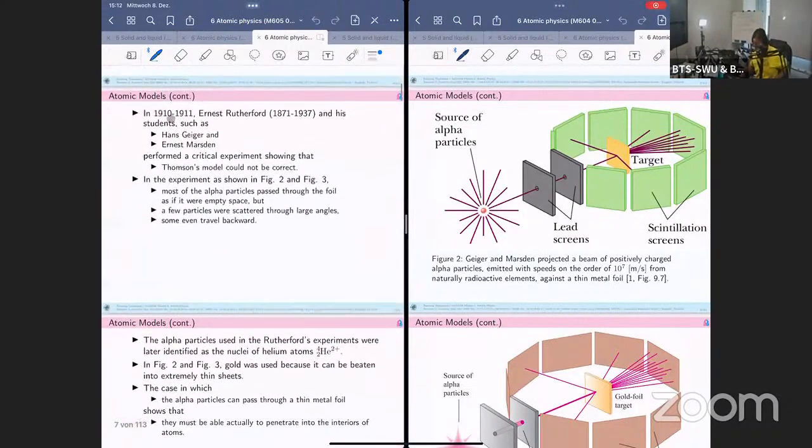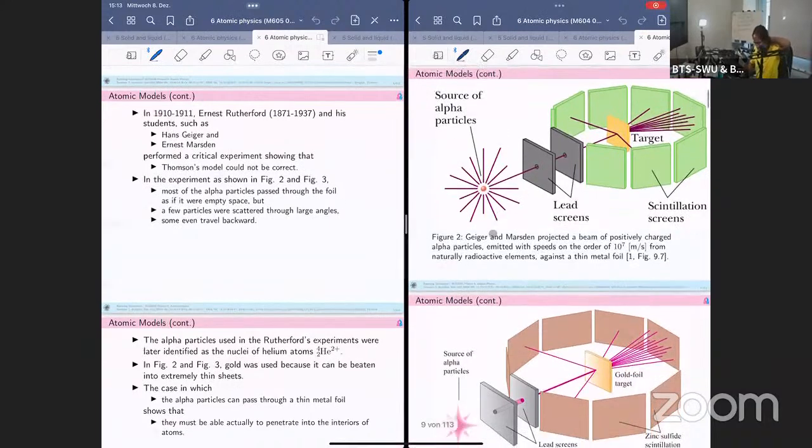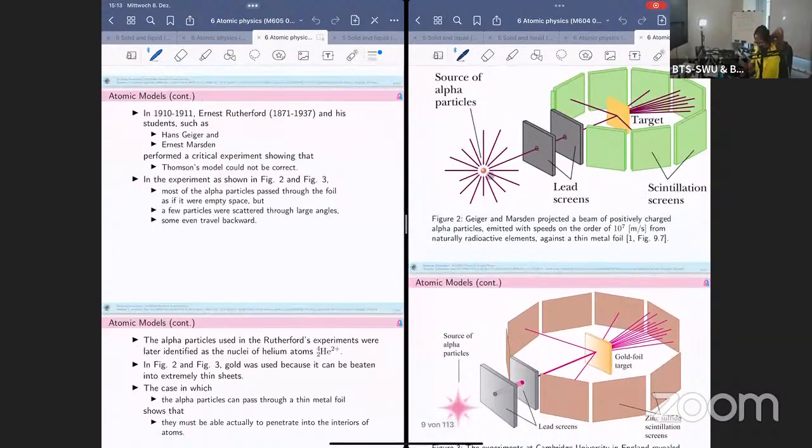They performed a critical experiment, and in figure 2 and figure 3, anything starts from left to right. Let's take a look from the left side. Here is the source, and they were quite clever actually.